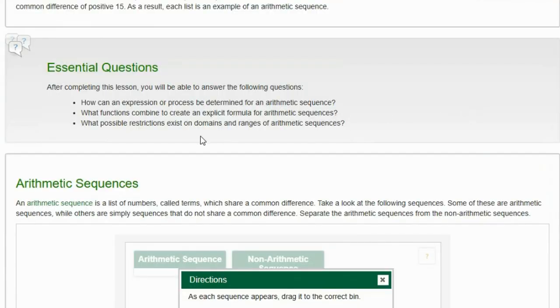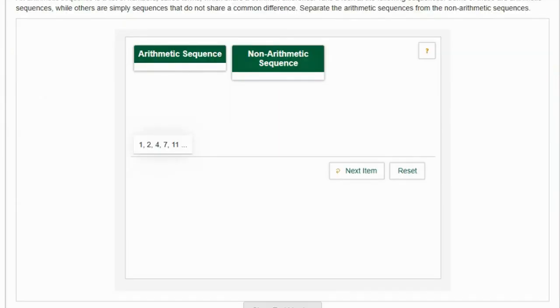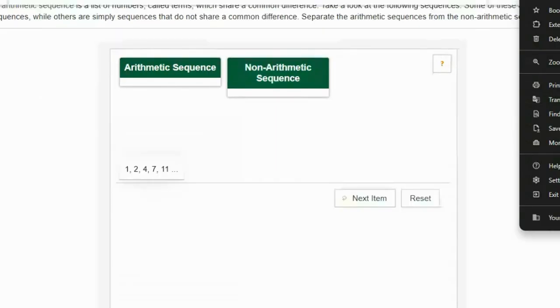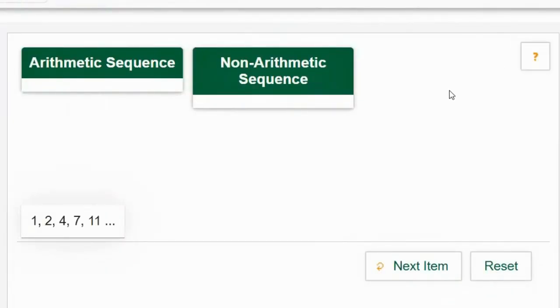So we're going to talk about how can an expression or process be determined for an arithmetic sequence? What functions combine to create an explicit formula? That's going to be important. And what restrictions exist on the domains and range. All right, so the important thing here is that we need to be able to identify an arithmetic sequence from some other sequence that's not arithmetic.